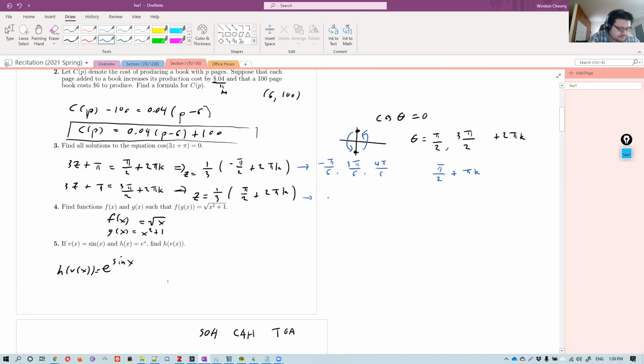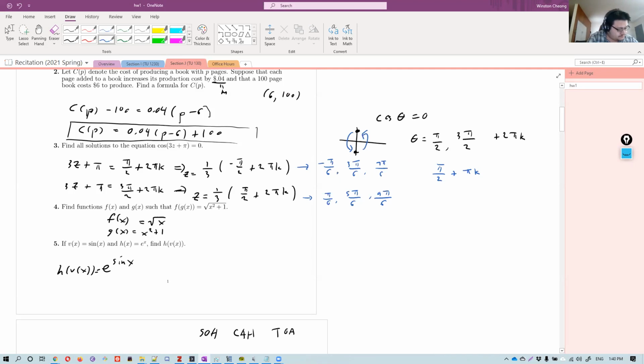For this one, you would get pi over 6, 5 pi over 6, and 9 pi over 6. Combining this, you see minus 1, 1, 3, 5. This is not 4, this is 7. 3, 5, 7, 9. So you get all the odd numbers in front.